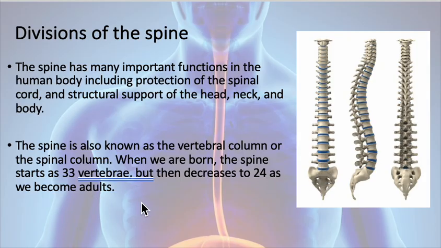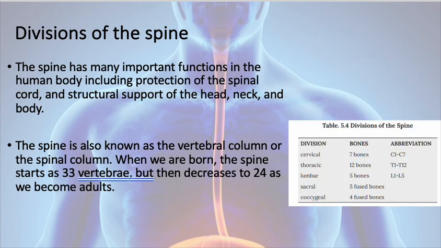This is because some of the bones in the spine begin to fuse to one another. Particularly in the sacrum, we can see that the bones have fused, whereas in the lumbar, thoracic, or cervical spine, we can see the individual vertebrae stacked one on top of the other.